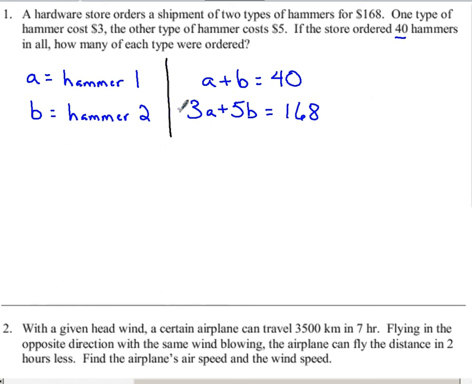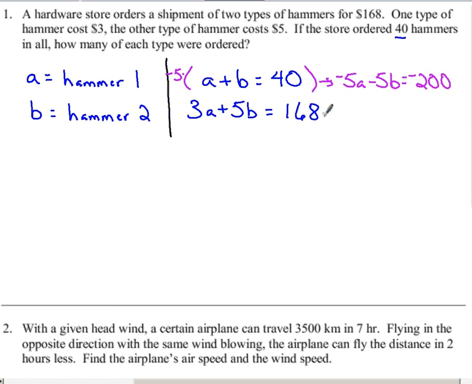I decided I could get rid of the B's. To get rid of the B's here, I'd multiply this top equation by -5. If I do that, I get -5A minus 5B equals -200.